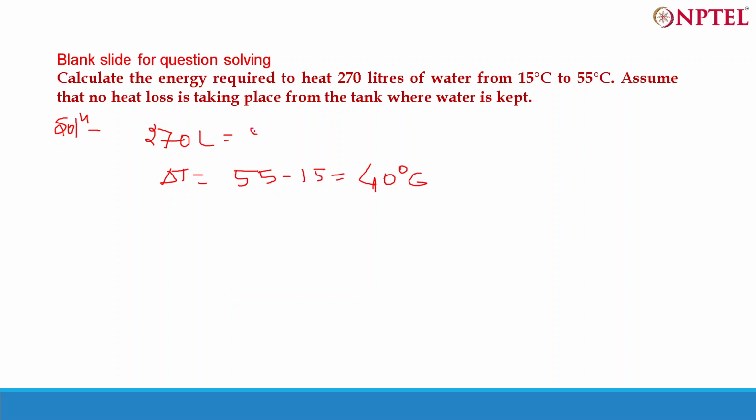Then for 270 liters, take the density of hot water as 993 kg per meter cube, and Cp is 4.18 kilojoule per kg per degree Celsius.